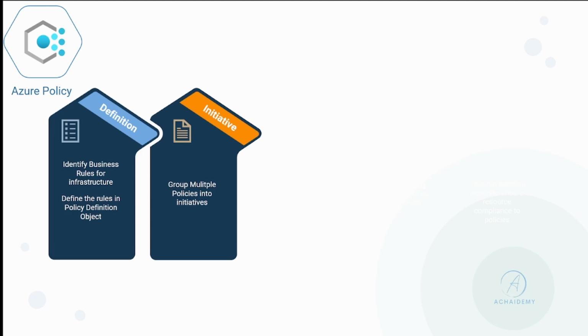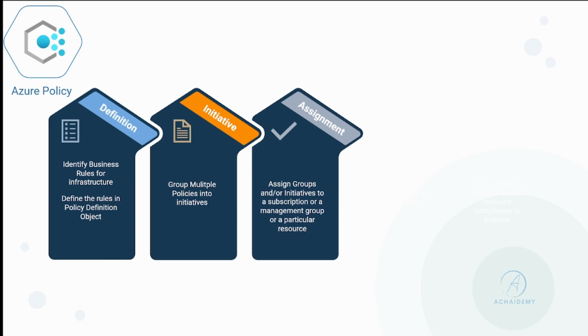As we discussed in the previous section, an initiative is focused towards achieving a common goal across the organization or the business unit. The third step would be to assign the policy or the initiative against a scope. A scope could be a subscription, management group, or a particular resource.